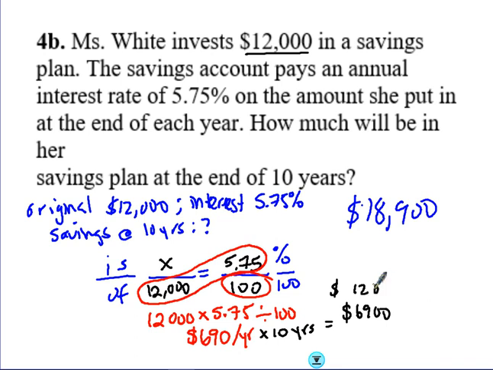So we have to add that back, and we add that all together. You end up with $18,900. So that's your process. Find out the interest for 1 year, multiply it by the number of years that they asked for, which in this case was 10, and then add that amount to the original amount to know how much will be in the savings account.